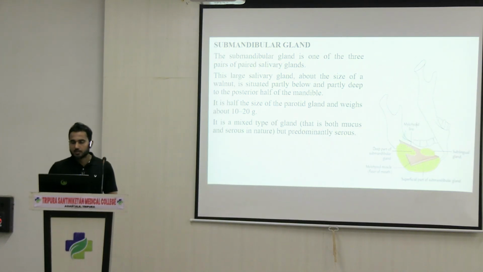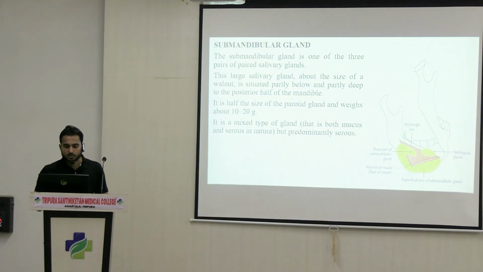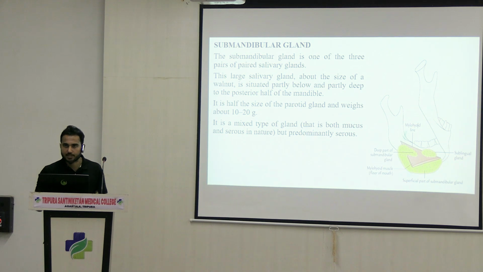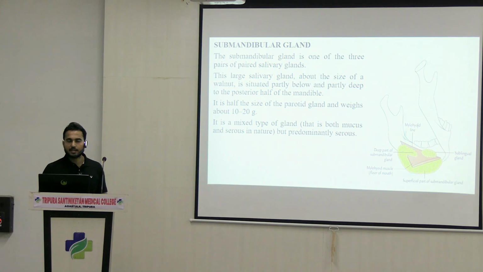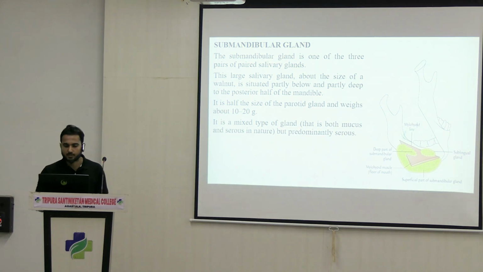Next, if you see the dimension of the gland, it is approximately 10 to 20 gram and it is a mixed type of gland. Histology we have already discussed when we studied the salivary glands. So it is a mixed type of gland. Next, what are the parts? Already I have mentioned two parts are there, the superficial part and the small deep part.